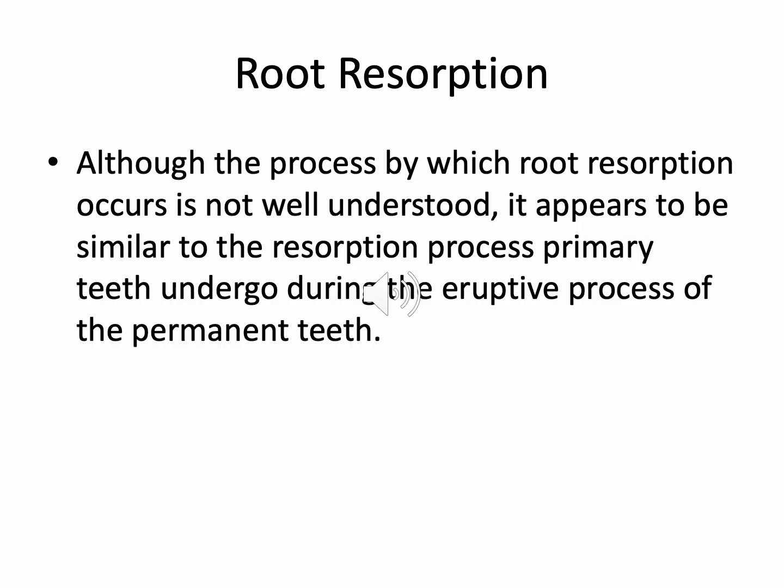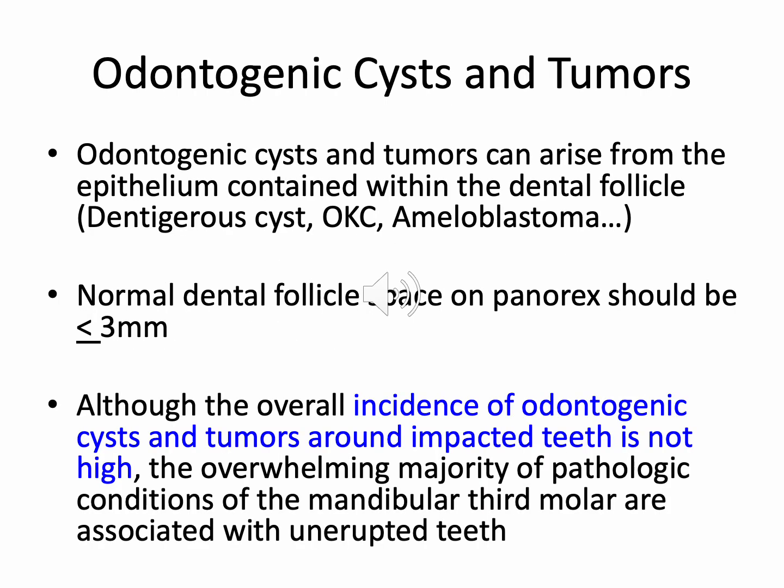The exact mechanism by which this occurs isn't fully understood, and I say it tends to be fairly variable, and luckily not that common when it does occur. The mechanism is thought to be similar to the process of a permanent successor tooth resorbing a primary tooth. Unfortunately, in this scenario, it's often a permanent tooth resorbing a permanent tooth.